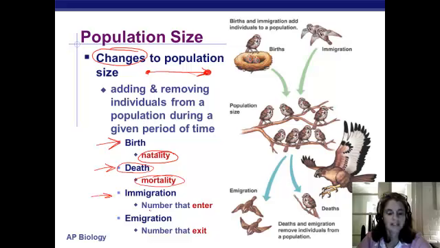Immigration is how many actually travel into or enter the population. Emigration, how many might leave or migrate away, emigrate, exit the population. How many of each of these happens over the course of a year will give you a sense of whether your population is going up or down, are more dying than being born, or more leaving than are coming in, etc.